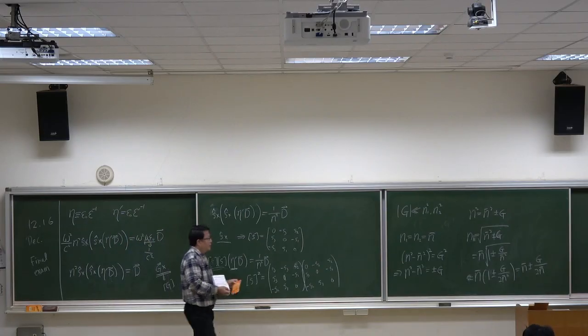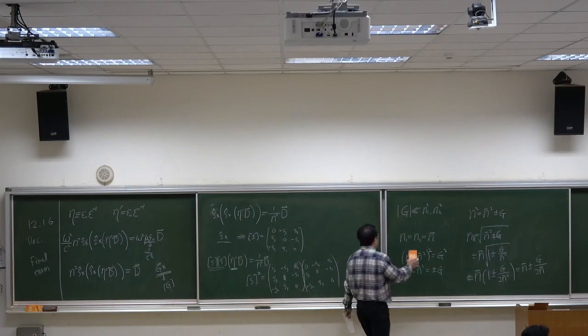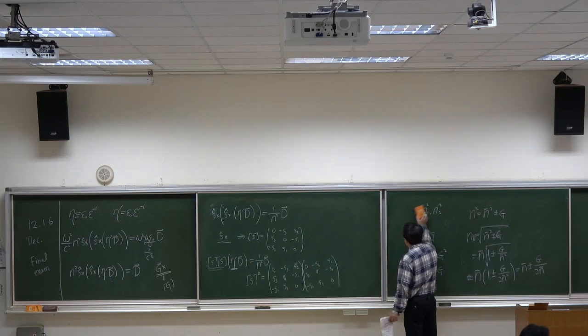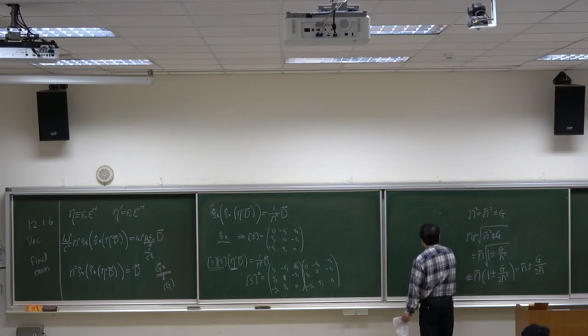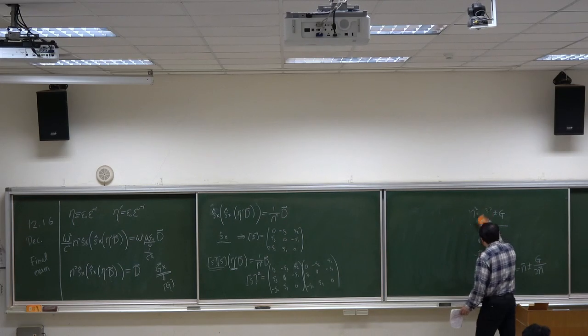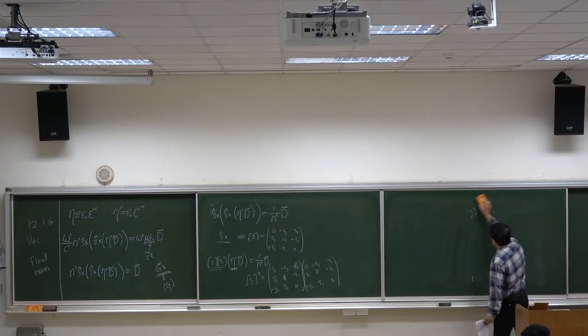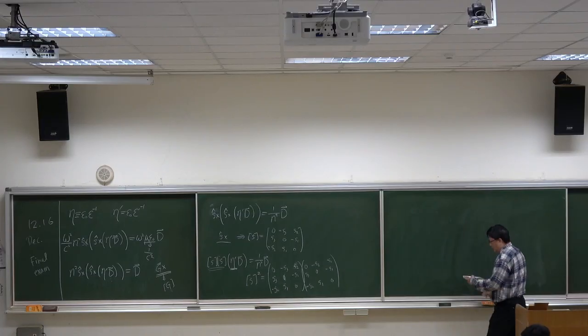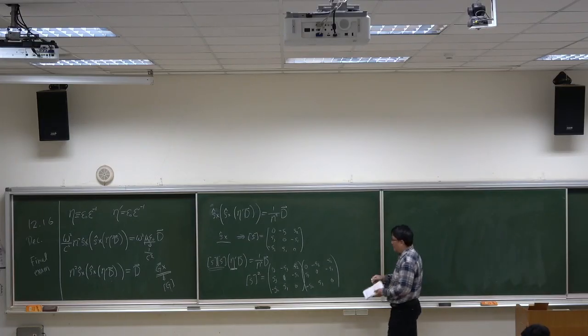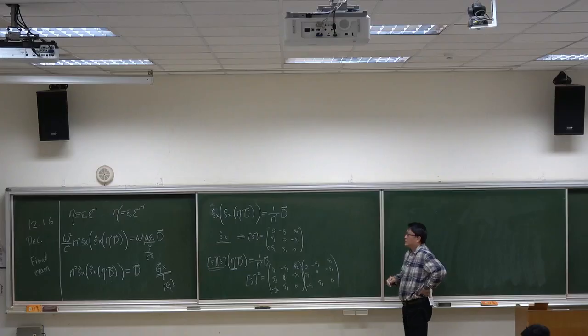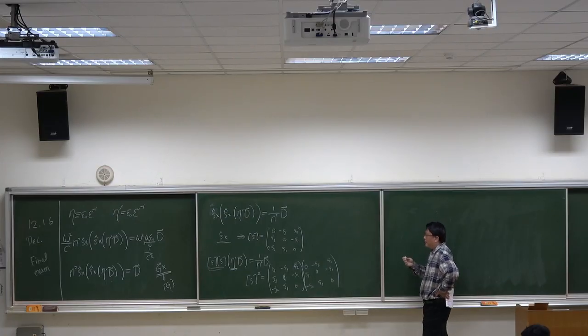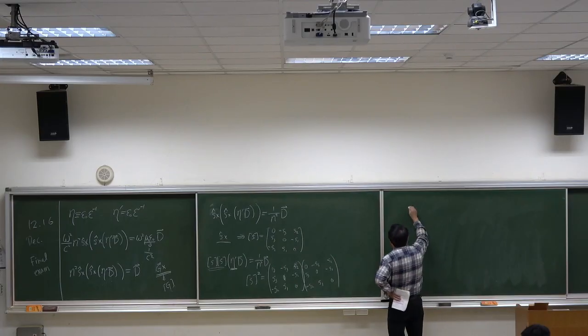Okay. To simplify our formulation, 好，那怎么去做到这一点呢？你可以这样想，我们想象说有两个矩阵，we discuss this by this consideration.